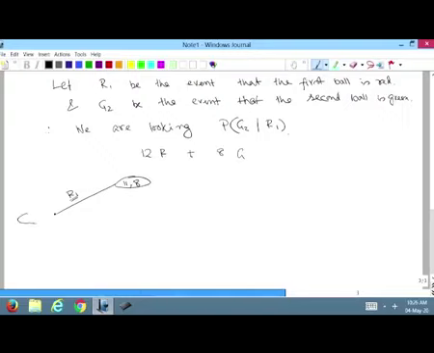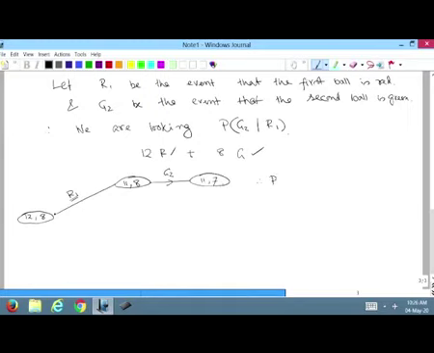As you can understand, we started with 12, 8, where 12 is the number of red balls and 8 is the number of green balls. Now if G2 happens, the configuration is going to be 11, 7.